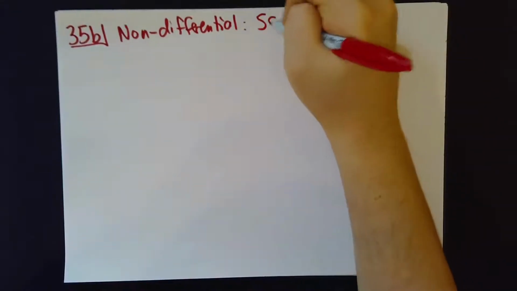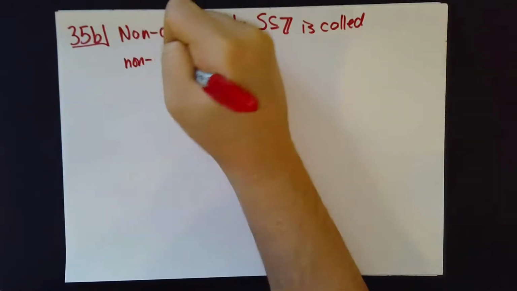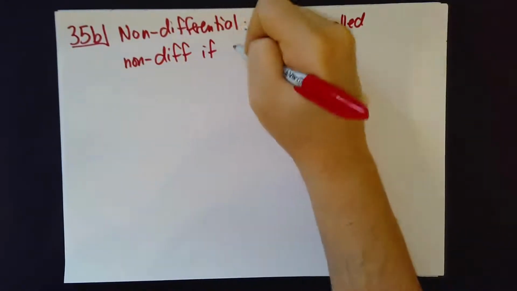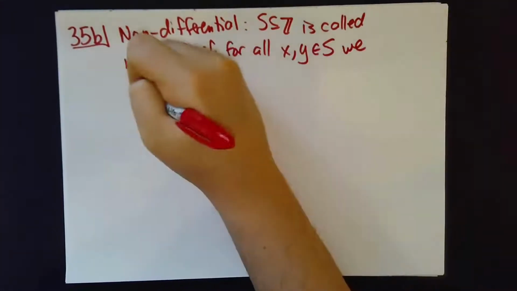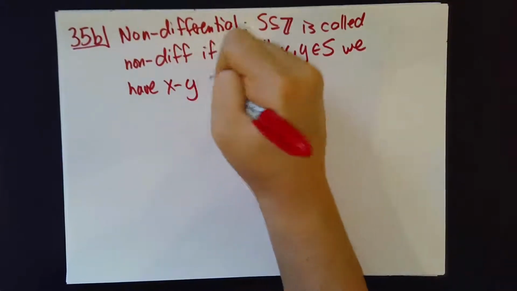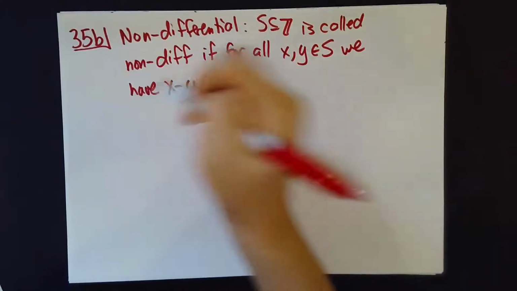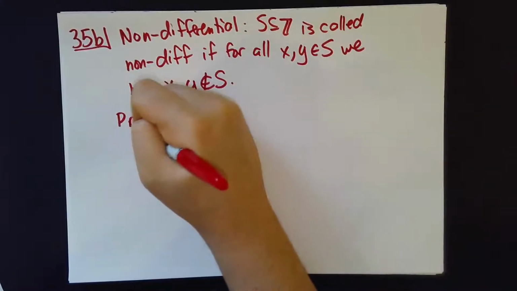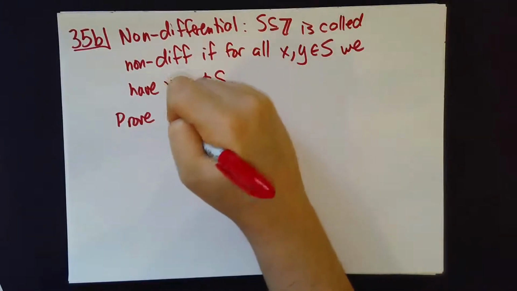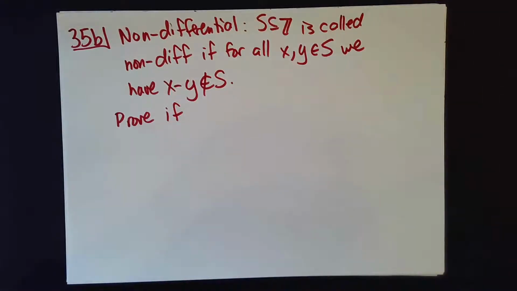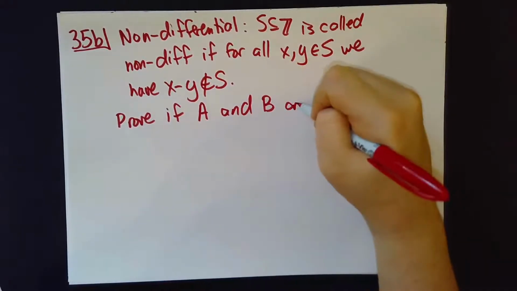Yeah, so S a subset of Z, called non-differential, if for all x and y in S, x minus y is not in S. And so then 35B says, and I'll go ahead and just short circuit it, it's true: prove that if A and B are non-differential sets, then so is A intersect B.